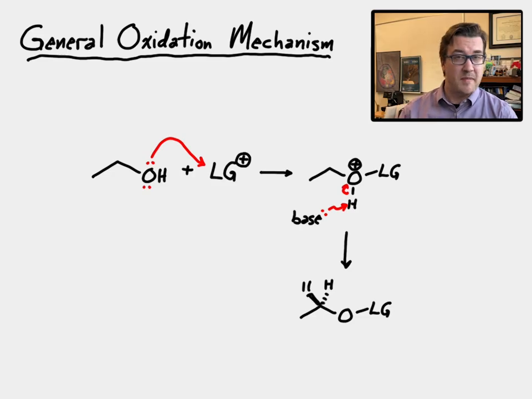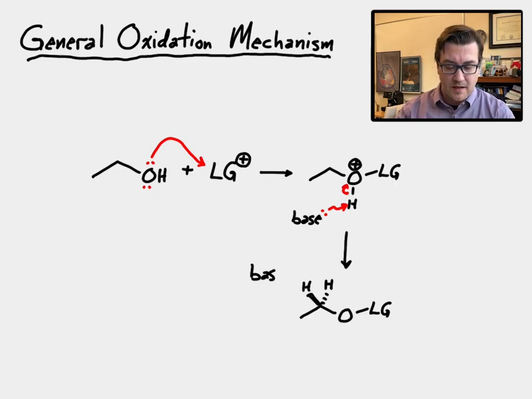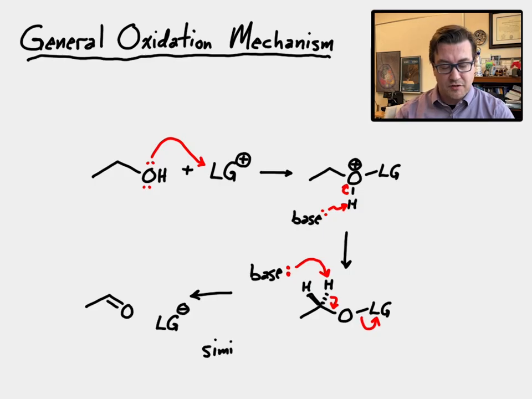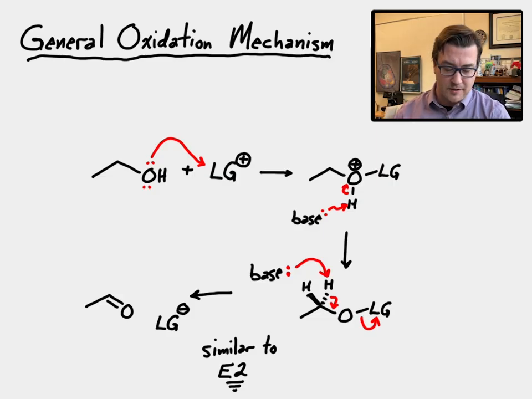It doesn't have to be very basic typically; even neutral water can act as a base. Now you have this oxygen with a leaving group bound, and hydrogen atoms adjacent to it. A base can come along and abstract one of these hydrogen atoms to eliminate this leaving group, LG minus. This mechanism is very similar to what you've seen before as an E2 mechanism, but this is the oxidation of an alcohol.